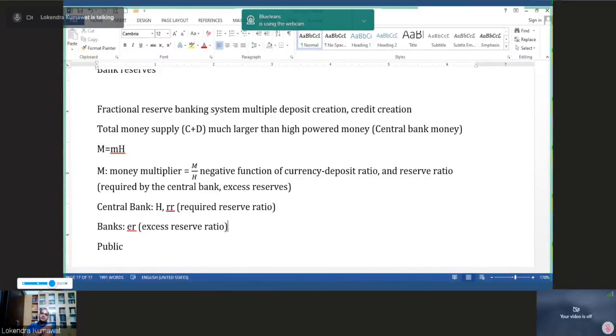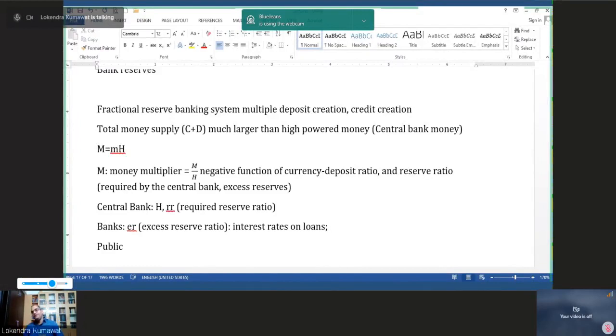Okay, what are the factors that determine the excess reserve ratio? If the interest rate on loans is very large, then the opportunity cost of keeping excess reserves is large. Banks are foregoing larger interest by keeping excess reserves. They would like to economize on excess reserves. First thing.